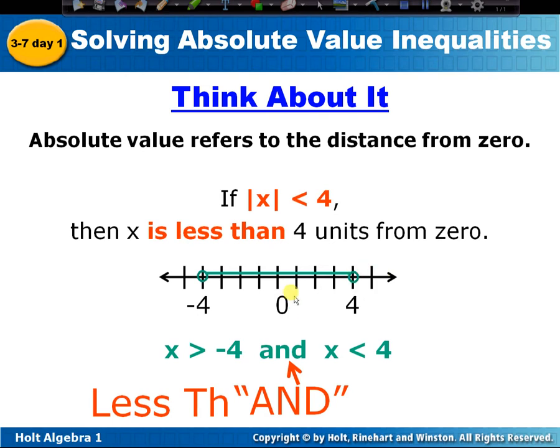So it says less than 4 units. That means it could be 1 unit away from 0, 2 units away from 0, 3 units away from 0, to either the right or the left. So we notice that if it's less than, here we have a less than symbol. You can see our little play on words here. Less than means that this is going to turn into an and compound inequality.